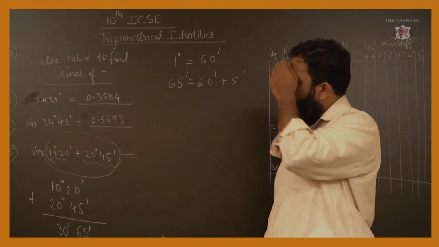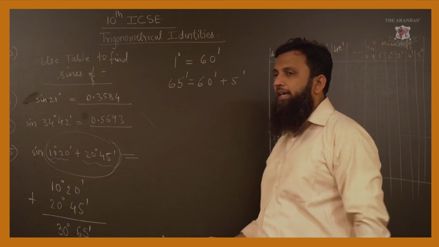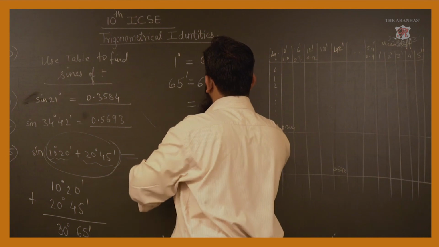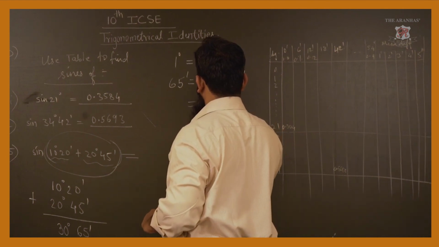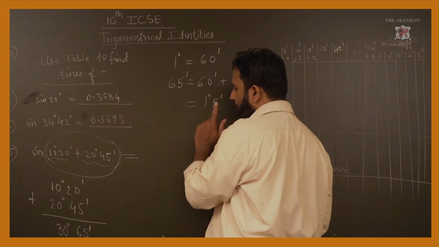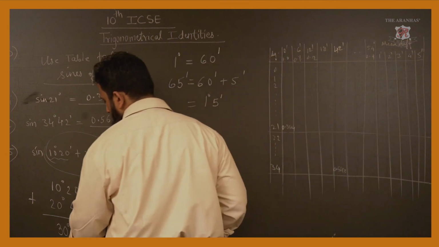Now you understood? I can write that 60 minutes is equal to 1 degree and 5 minutes. That 1 degree 5 minutes I will convert here.